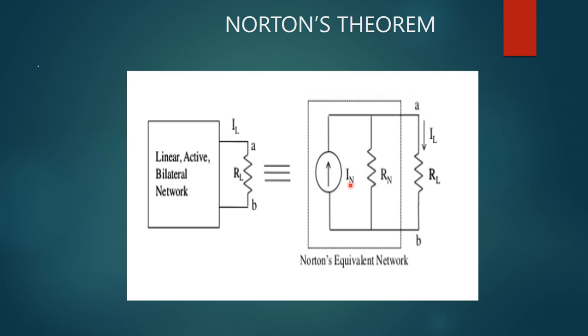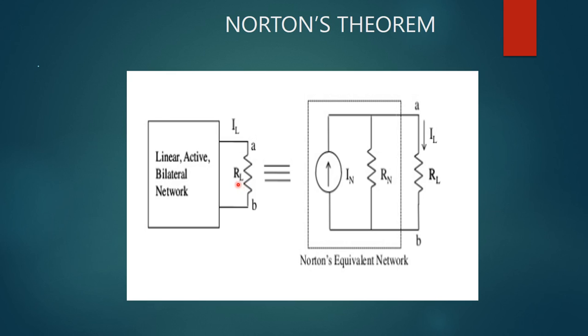That means here IN is the short circuit current across this point, that is, through this terminal when RL is replaced by a short circuit, and RN is the resistance inside the network with respect to points A and B.